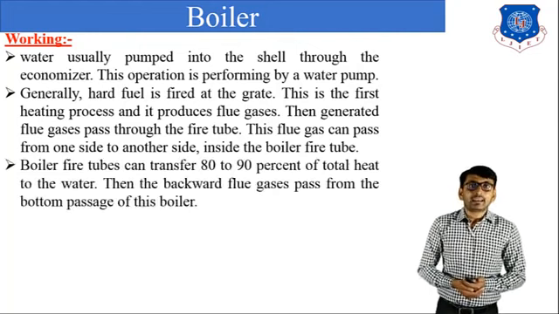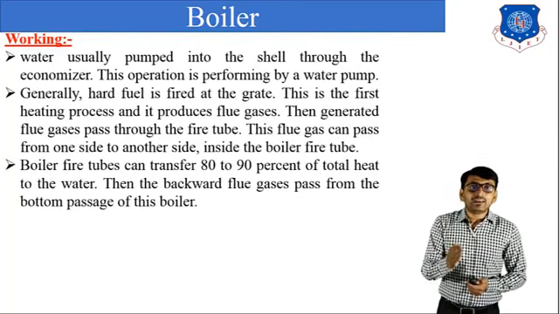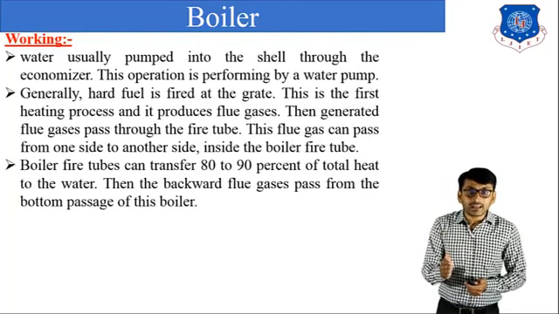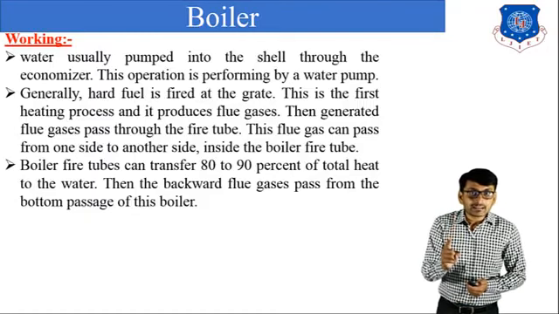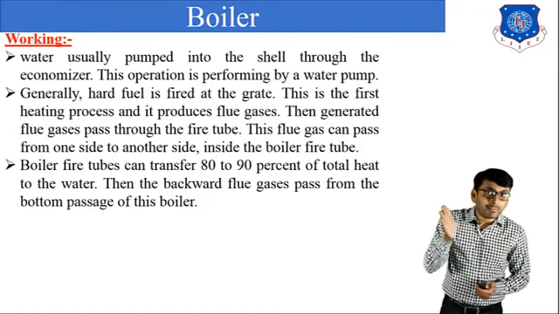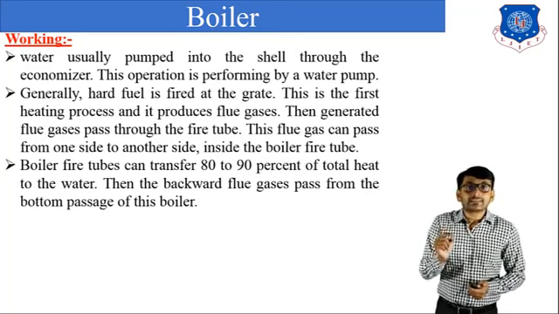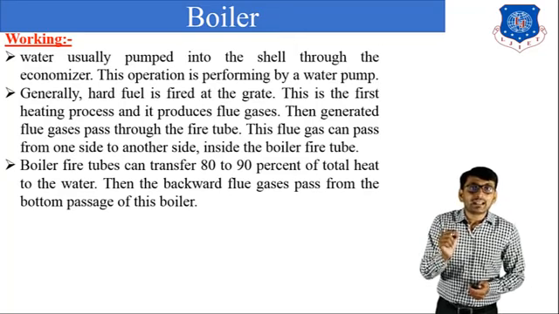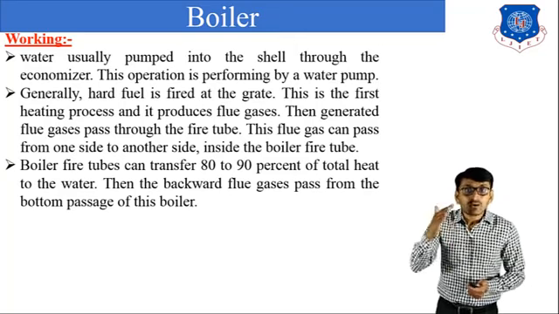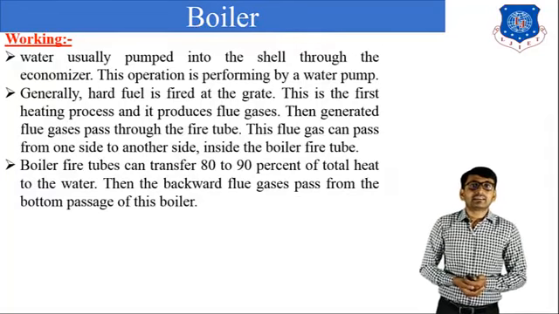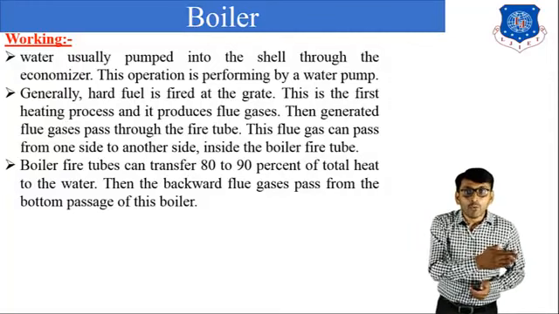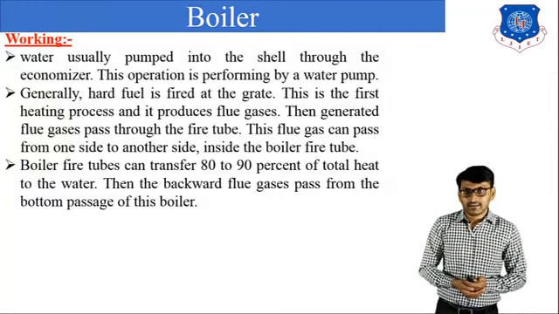The boiler fire tube can transfer 80 to 90 percent of the total heat to the water. So when the high temperature gas passes in the main pipeline, it transfers 80 to 90 percent of the heat to the water. And then this high temperature gas passes at the bottom side of the boiler shell.